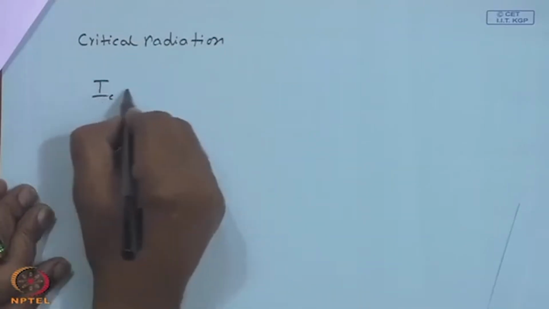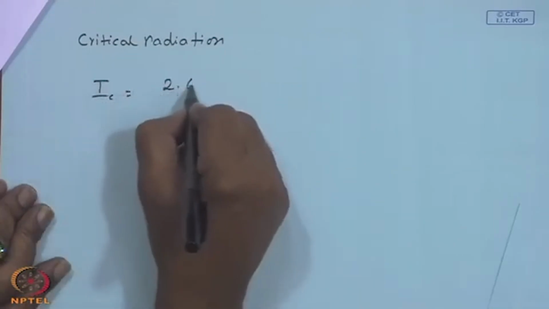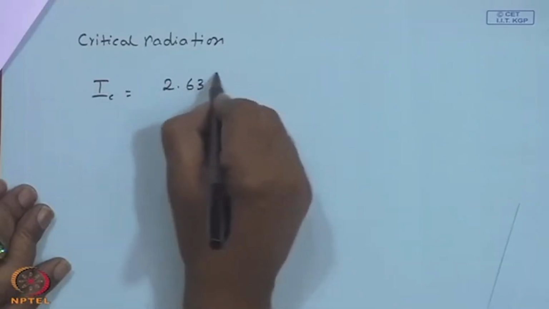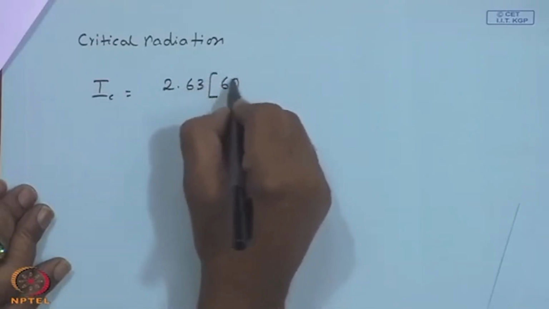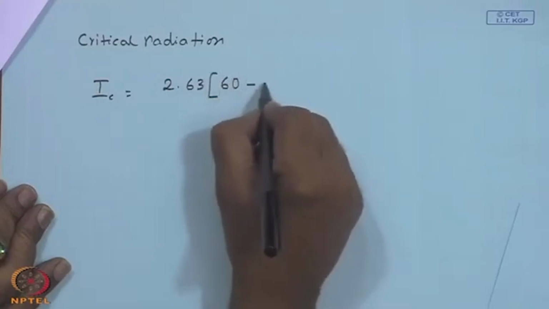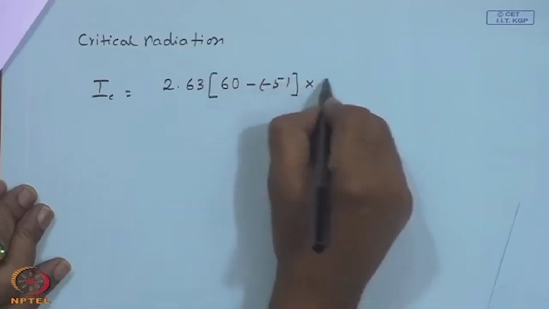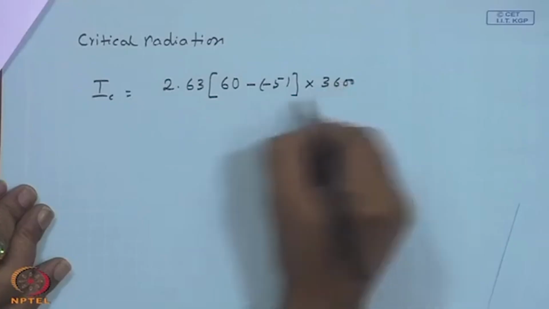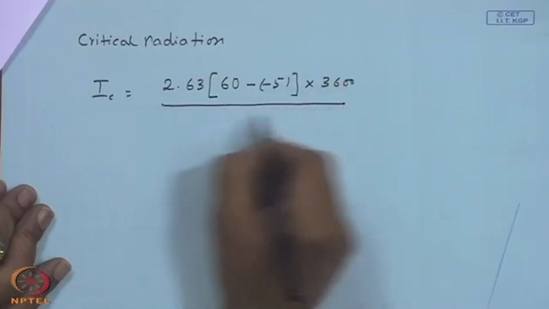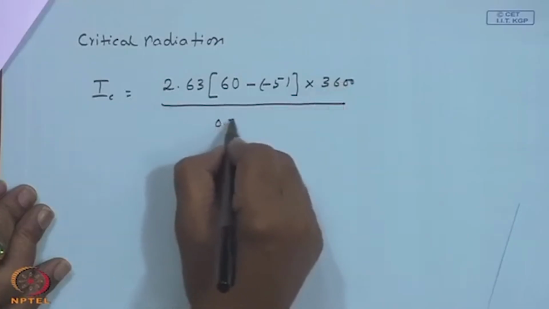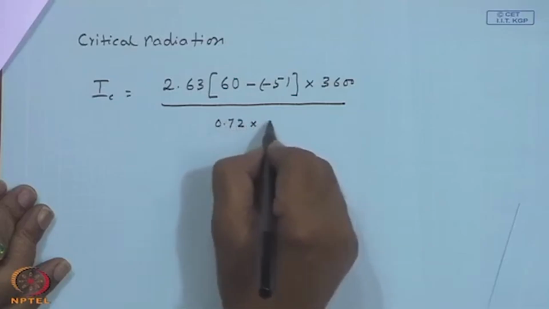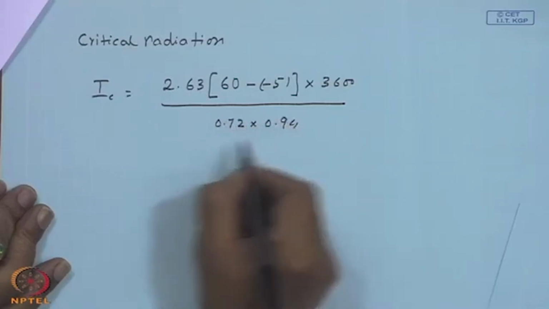I c, FRUL times T min minus T A times time is important, that is what I was telling. You have to put that factor by 0.72 into 0.94.